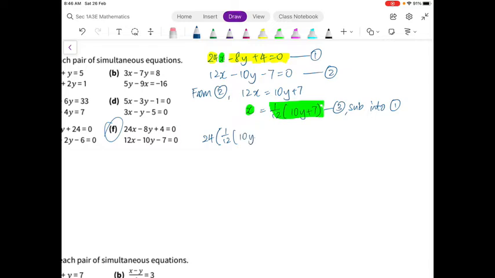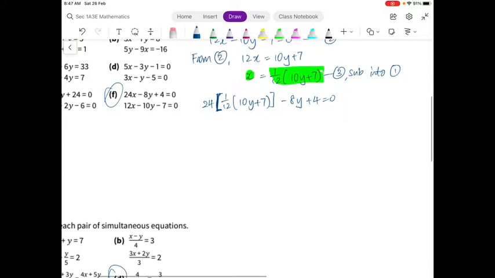So 10y plus 7, and now I have done the substitution already. So carry on copying down everything else in yellow. Okay, so as expected, left with 2 over here, so I can expand already. 20y plus 14 minus 8y plus 4 equals to 0.